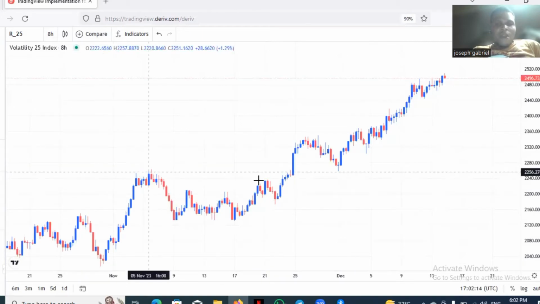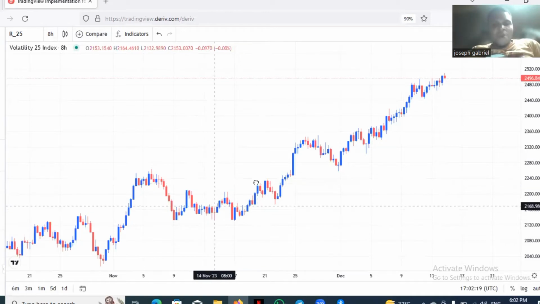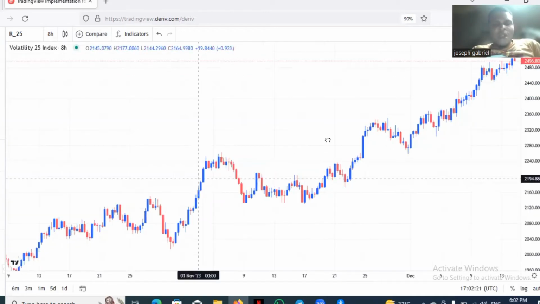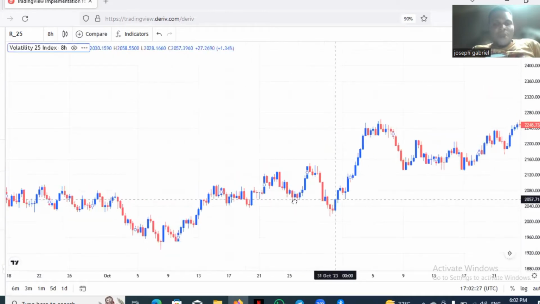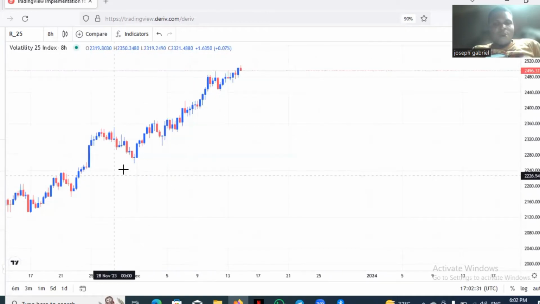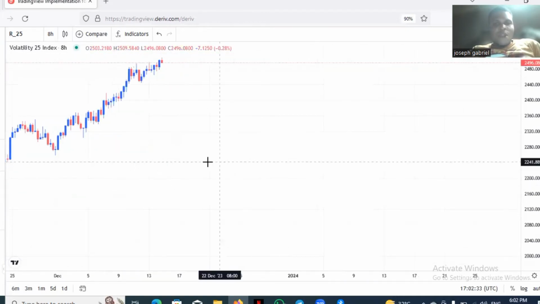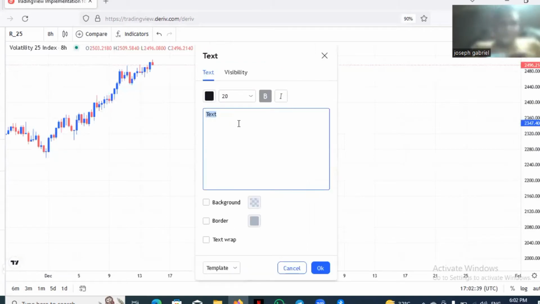How do I understand how to read a chart? I first need to understand the movement of the market. You can see here that this market is going bullish. There are three things you need to always understand whenever you open your chart, which I'll list now. Number one, you need to understand the bullish market.